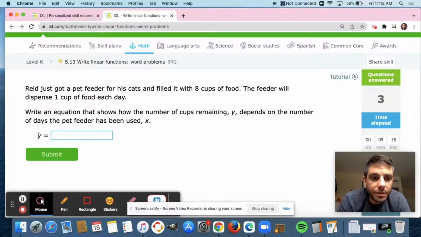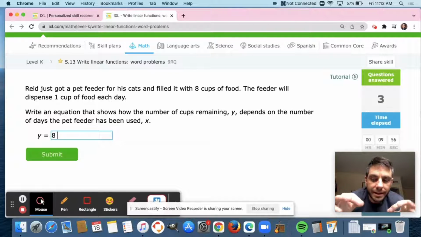All right, so the total amount of food in this feeder starts at what? 8. It's filled up to the top with 8 cups. So it starts at 8. The feeder will then dispense 1 cup of food each day.